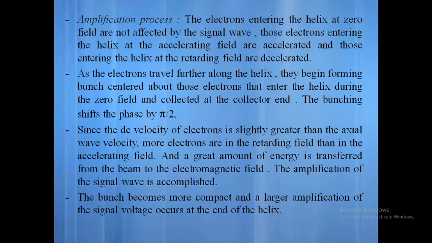Due to the retarding field, meaning the negative cycle, there is a chance of getting more energy, so a great amount of energy is transferred from the beam to the electromagnetic field around the axial field, which is transferred to the helix. The amplification of the signal wave will be accomplished.